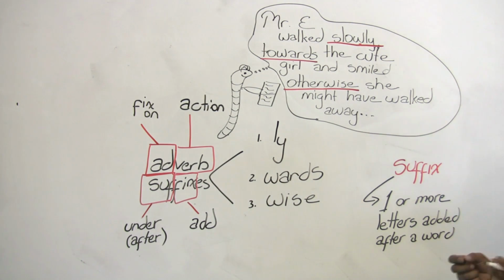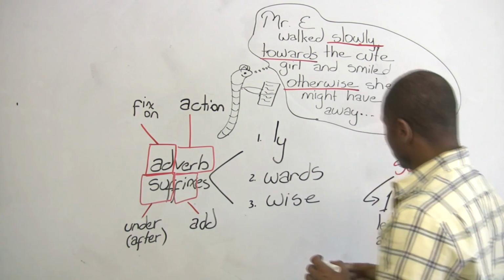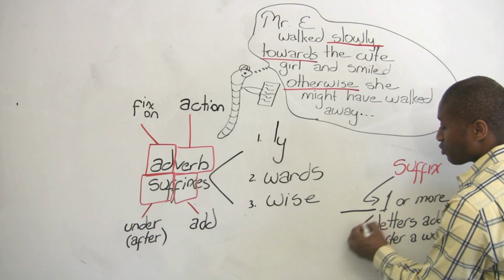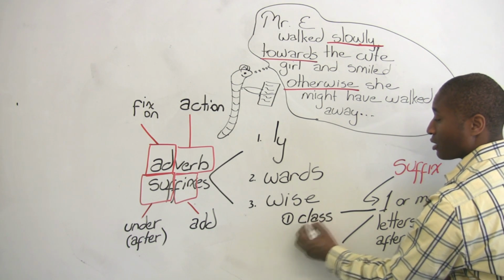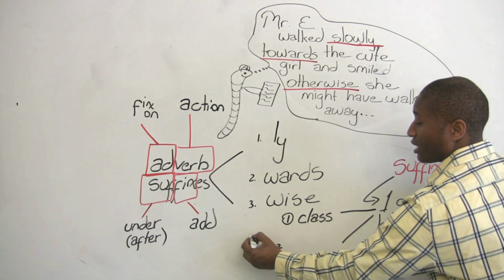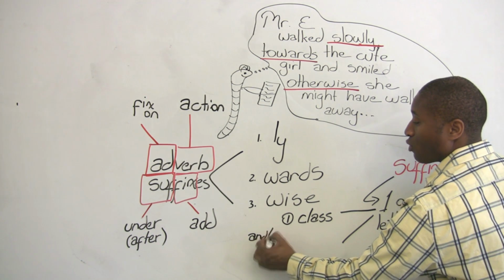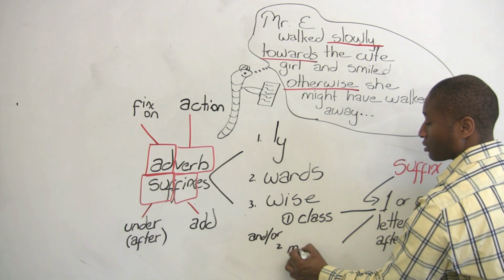So it's one or more letters added after a word. Why is this important? Well, it does one of two jobs. It will change the class and or, could be and, or meaning.